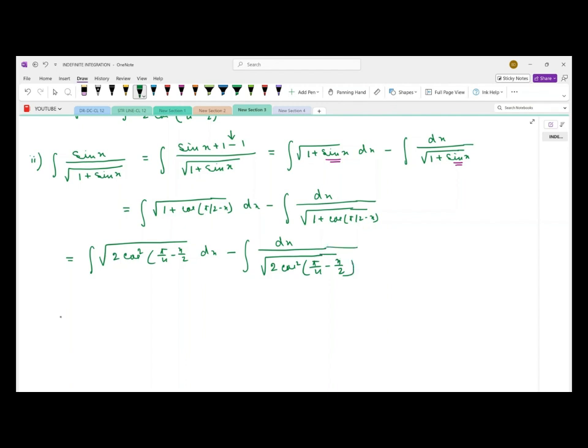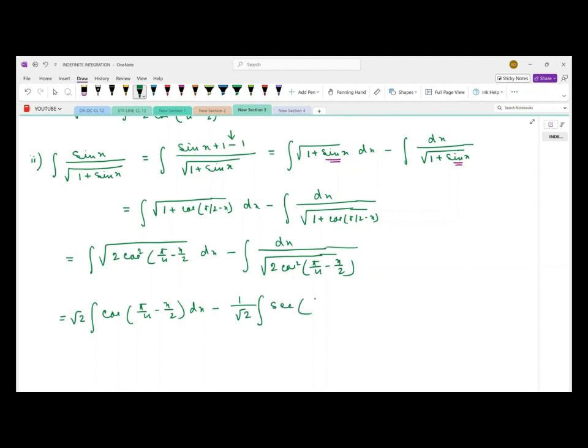So ultimately it becomes root 2 integration cos of pi by 4 minus x by 2 dx minus 1 by root 2 integration, this is sec, right?